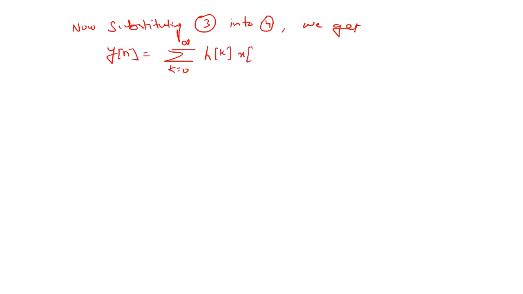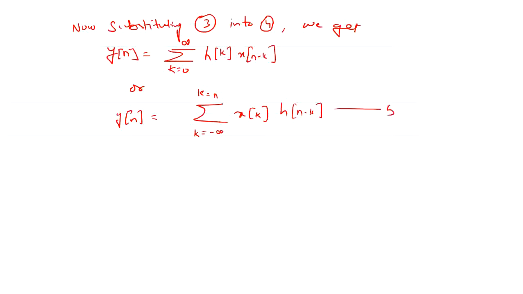Substituting 3 into 4, we get y[n] equals the sum from k equals 0 to infinity of h[k] x[n minus k], and also we can write it as y[n] equals the sum from k equals minus infinity to n of x[k] h[n minus k]. Both forms are equal.